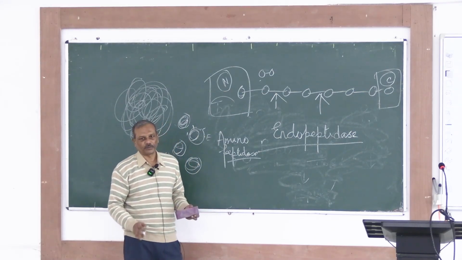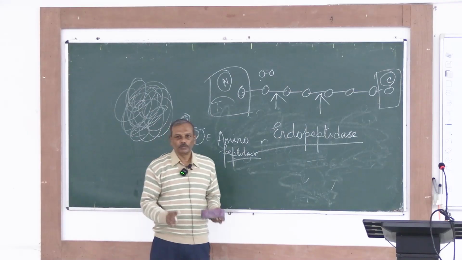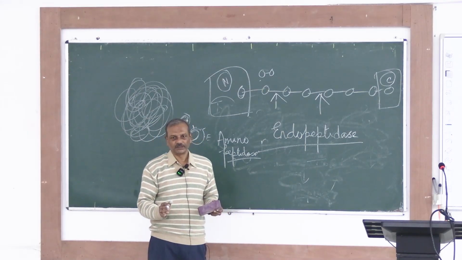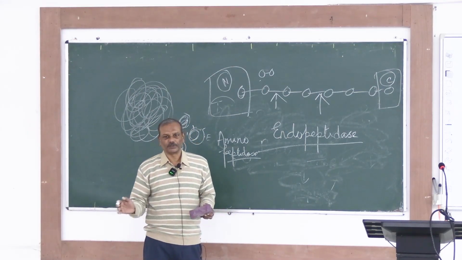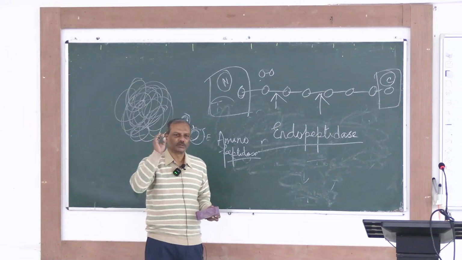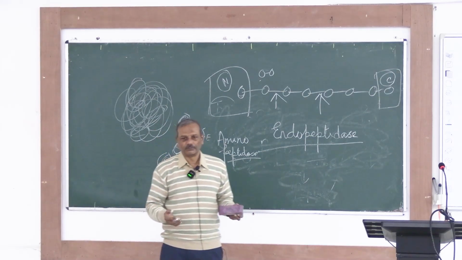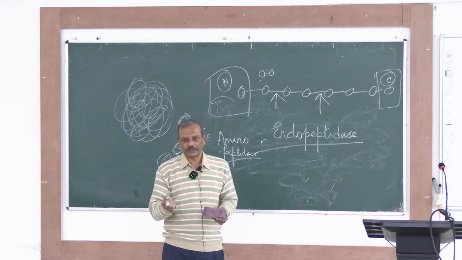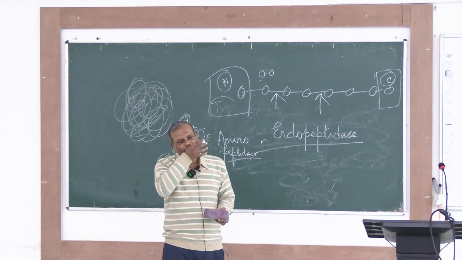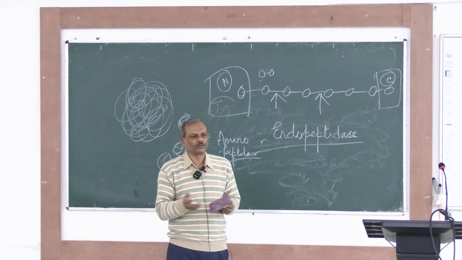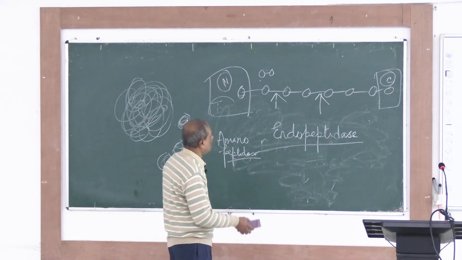The basic purpose at the end would be to get amino acids for final absorption. Nearly more than 90% of proteins are absorbed through the portal venous system by the intestine. Only around 10% of protein may be lost in the stool.